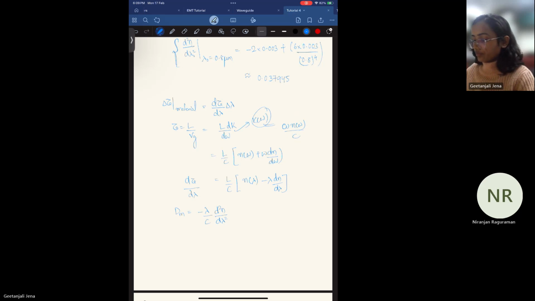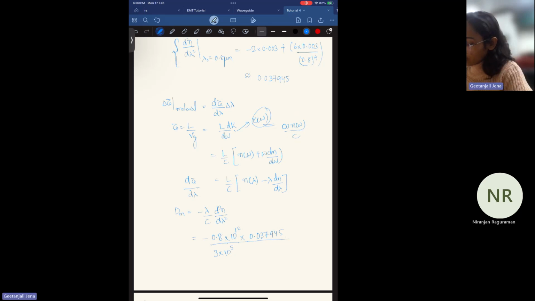So let us put in the values: lambda is 0.8 micrometer, c is 3 into 10 to the power 5 kilometer per second, and you can convert seconds to picoseconds, 10 to the power 12. d square n by d lambda square is 0.037945, in inverse micrometer square.